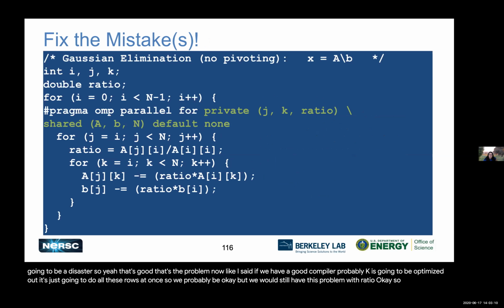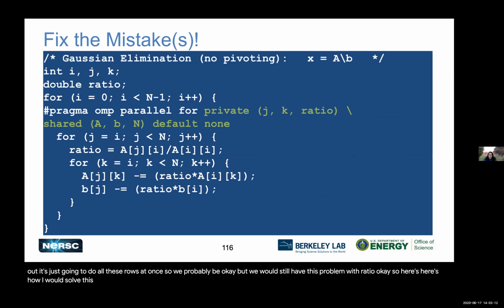Okay, so here's how I would solve this problem. In my private OMP parallel for, I would just add what I want to be private, so J, K, and ratio. And then what I want to be shared, which is going to be A, B, and N. And I add this default none.